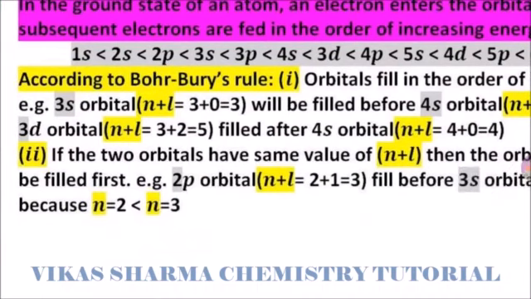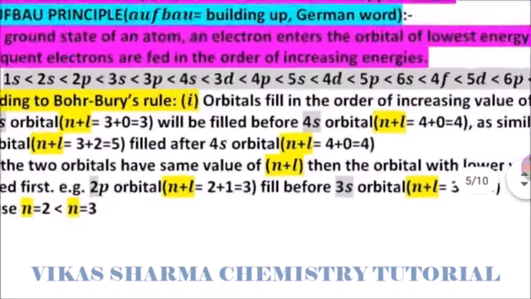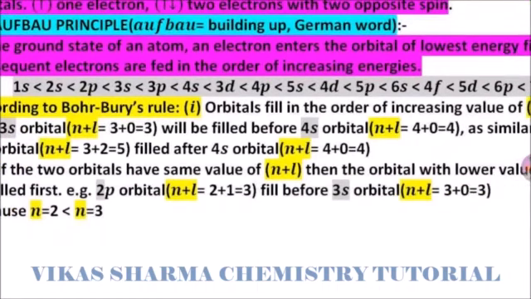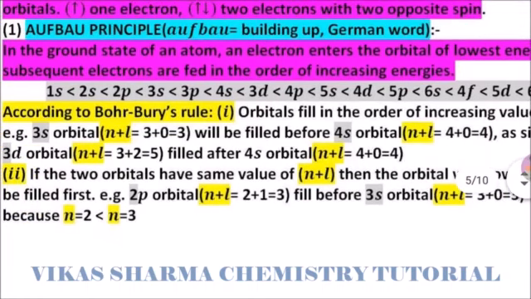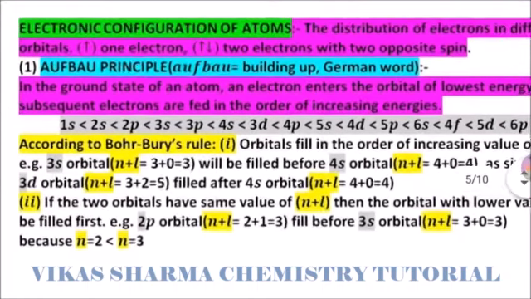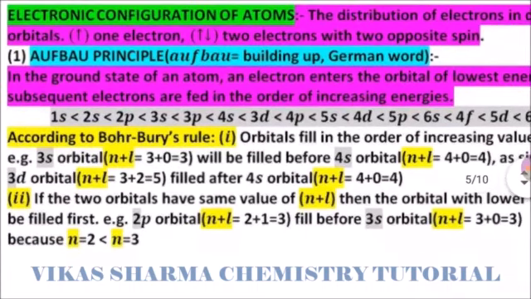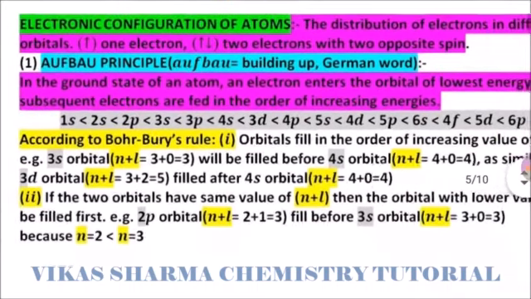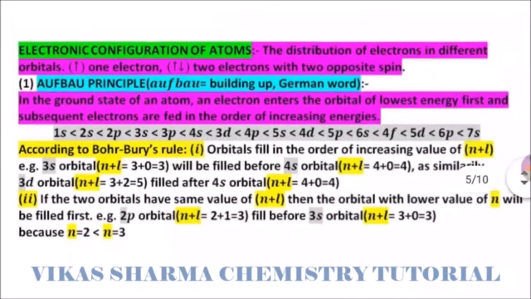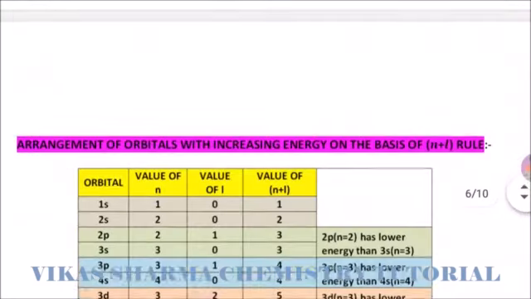So n equal to 2 is lower than n equal to 3. So the 2p orbital fills before the 3s orbital, because the 2p orbital has a lower principal quantum number than the 3s orbital. So students, these are the two conditions where students get confused. According to the Bohr-Bury rule, you can easily solve the pattern of electron filling according to the Aufbau principle.